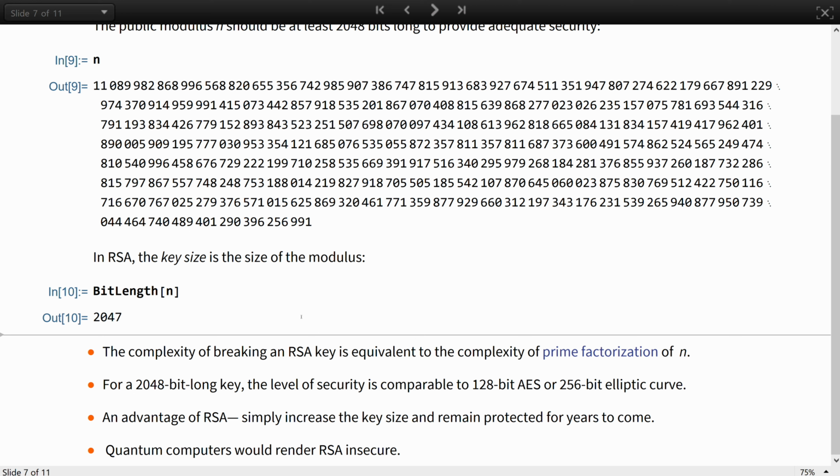For a 2048-bit long key, the estimated level of security is comparable to 128-bit AES or 256-bit elliptic curve. An advantage of RSA against the growth of computational resources available to the attackers is that you can simply increase the key size and so the complexity of factorization, and remain protected for years to come.